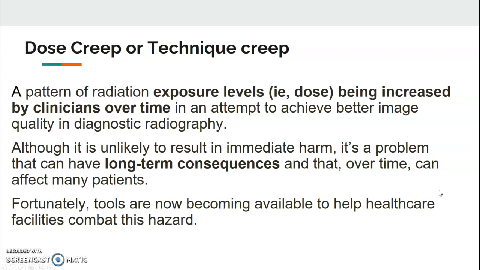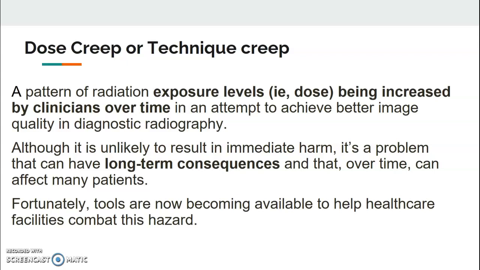And dose creep or technique creep is a term we're starting to see pop up with digital imaging. It's something that's starting to come up because technologists are using more technique than they need to, simply to get a better image quality or what they think is better image quality.